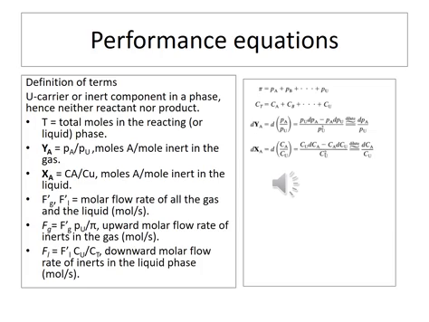Now we'll develop the performance equations for different reactors, and these are some of the terms that you will be coming across that you will need to know. T represents total moles in the reaction liquid, whilst Ya is partial pressure of A over partial pressure of inerts.